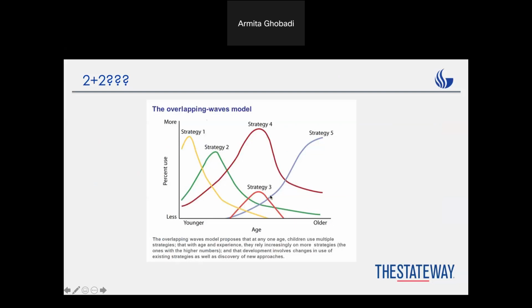But as you get older, you're going to select one strategy and go on with that all the time. So older children don't have 10 strategies, they just have one, and they stick with that one strategy all the time because they have had enough experience, and they are processing faster. So they would probably just stick to one strategy.